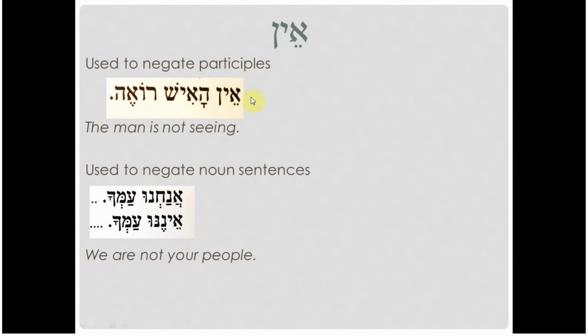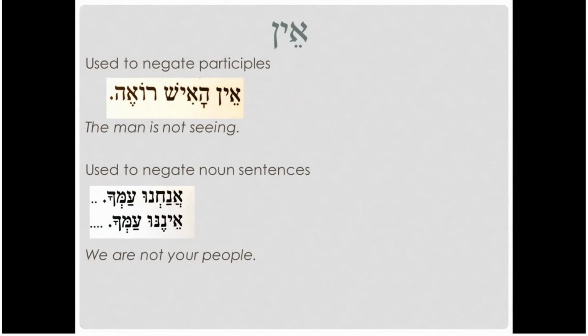But what's happening is that the ein is negating the positive action of ro'eh, which has to do with sight. This is a participle for seeing. So the translation would be the man is not seeing, even though on a wooden level, we would say not the man is seeing. So this is one function of ein. It is used to negate participles.